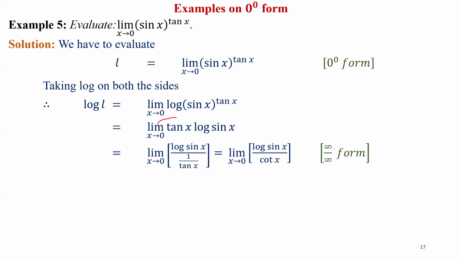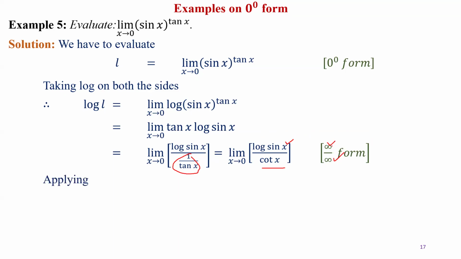That's why what we are doing over here, tan x can be taken as 1 upon cot x, because it goes to the denominator, and this is multiplied with log sin x. Now, if we substitute the limit, it is nothing but infinity by infinity form.